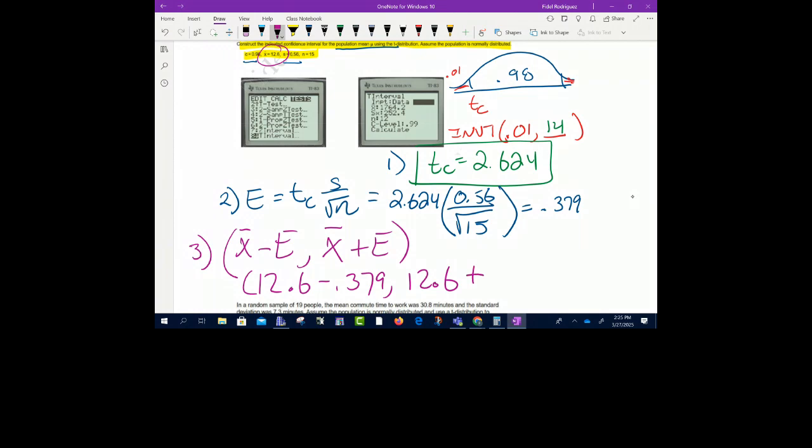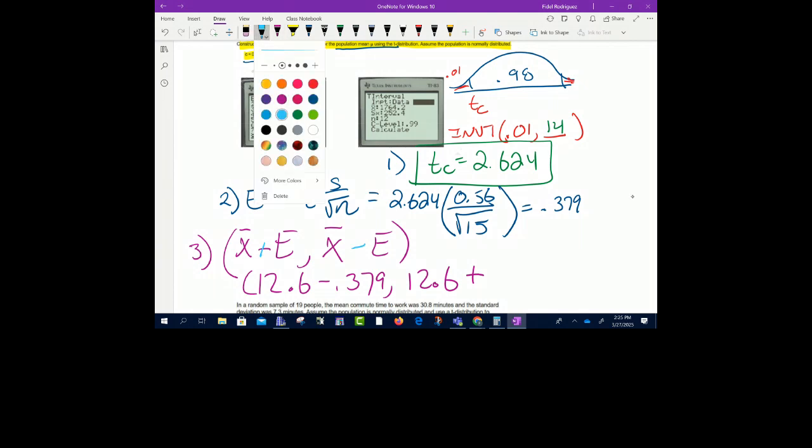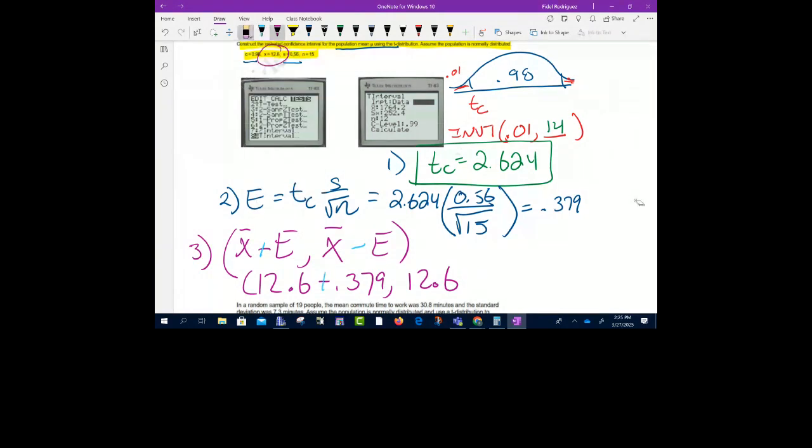Oops, sorry. Wrote it wrong the other way, guys. My bad. This should be plus, and this one should be minus. Sorry. Plus, and this one over here, minus. My bad. 0.379.